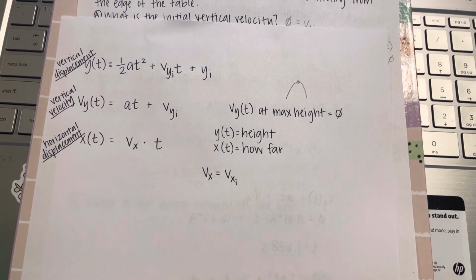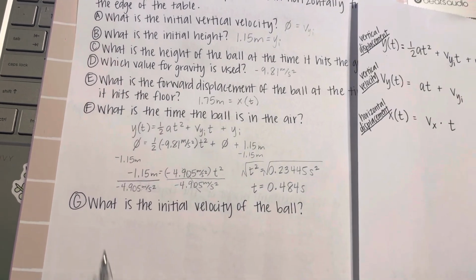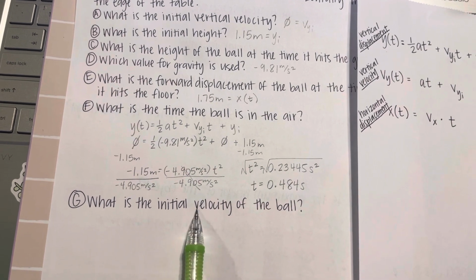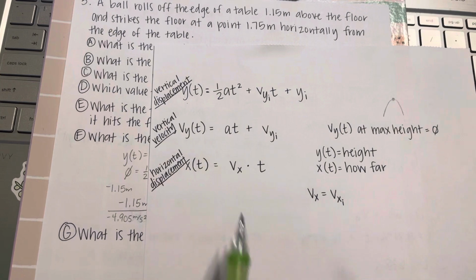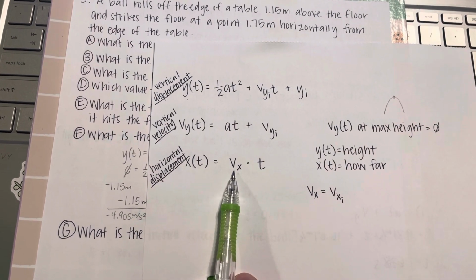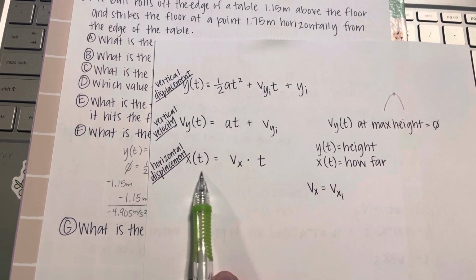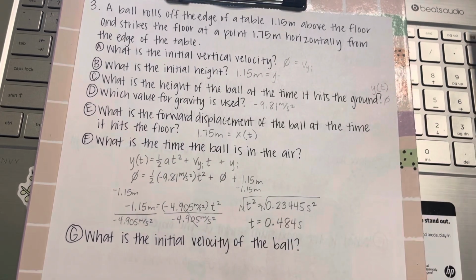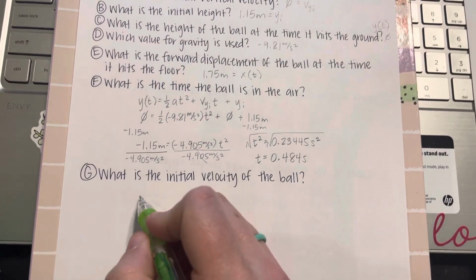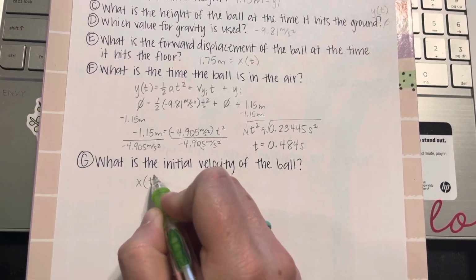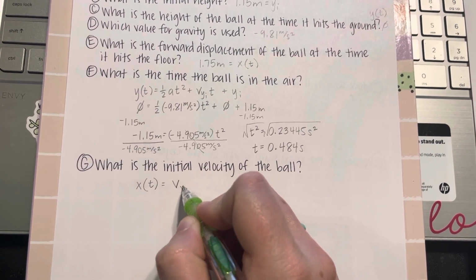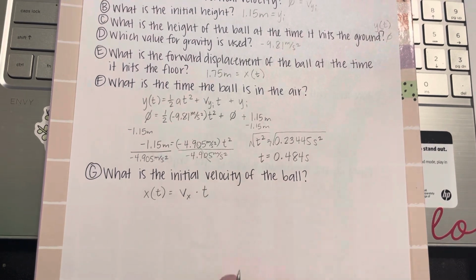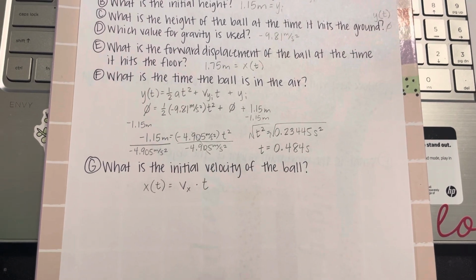So really what this question is asking is, what is the horizontal velocity of the ball? In order for me to figure that out, I need to use this formula because this is the only formula that has Vx in it. So I'm going to say x of t equals Vx times t. Now I can plug in those things.